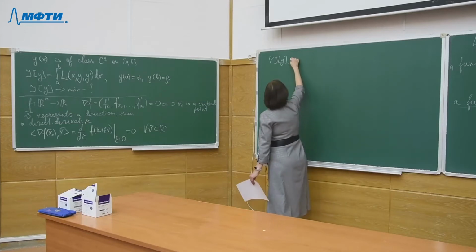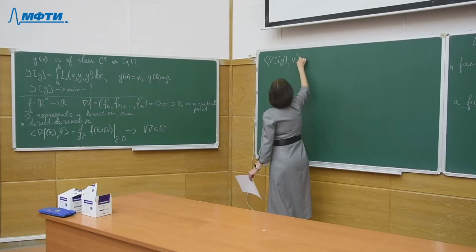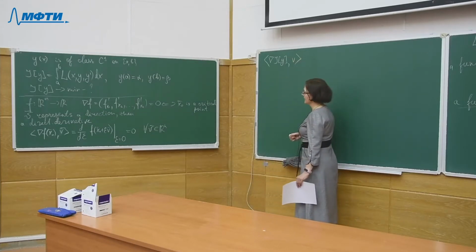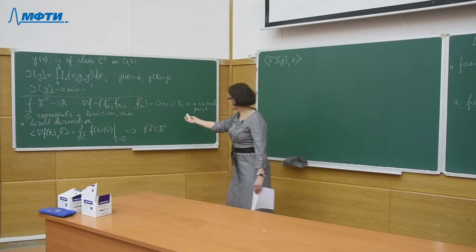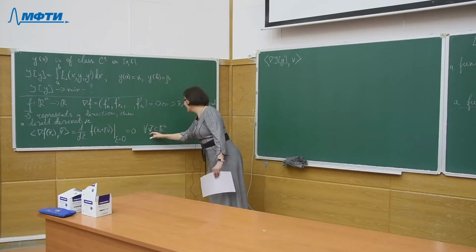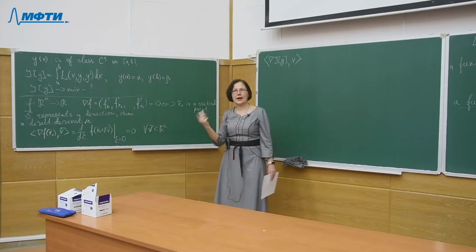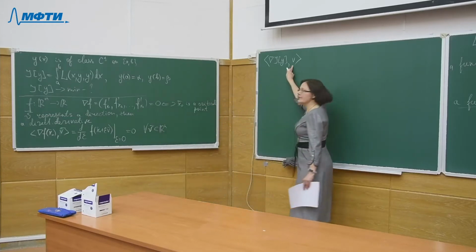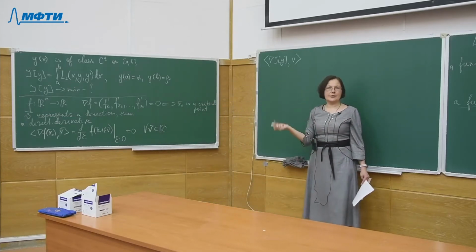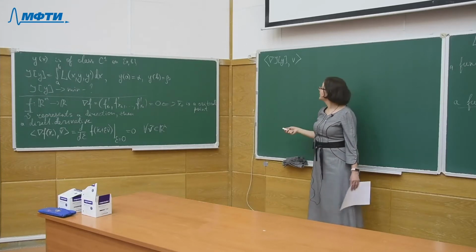First of all, let's discuss the inner product. In the finite dimensional case, v is a point, a vector in Rn. Here v is a function. It is also a function.